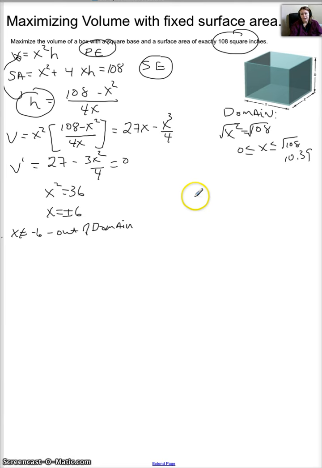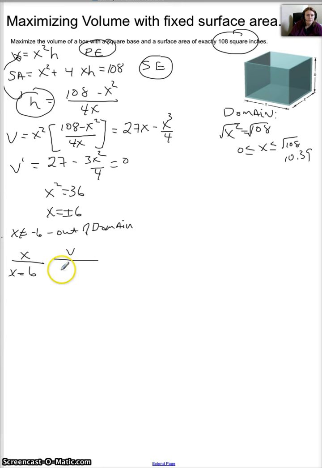Now you need to evaluate your volume at your 3 points, at x is plus 6, 0, and the square root of 108, at all your critical points and at your endpoints. So let's look at my x values. Let's look at x equals 6. What is my volume?